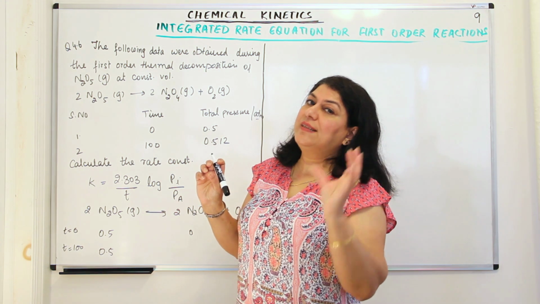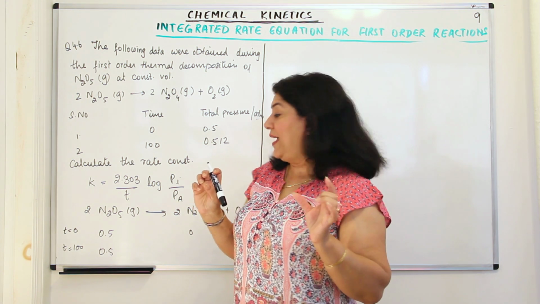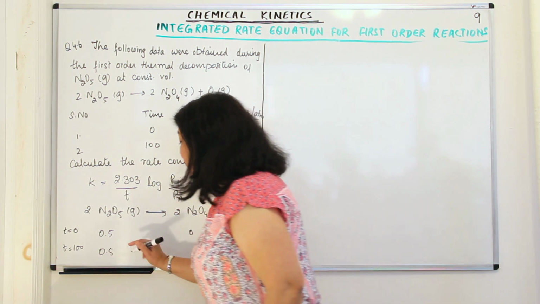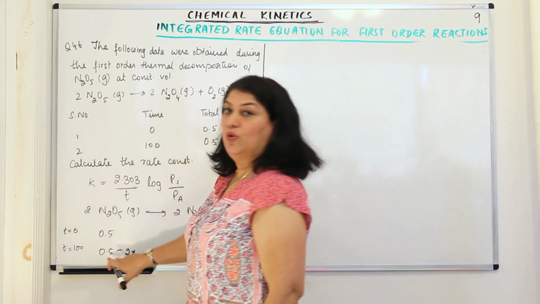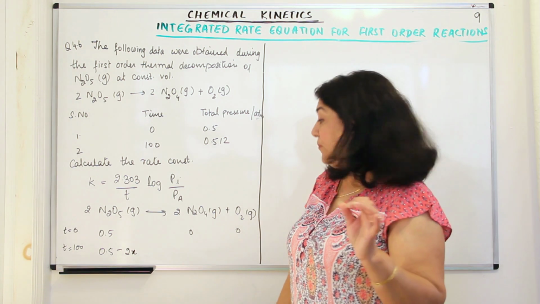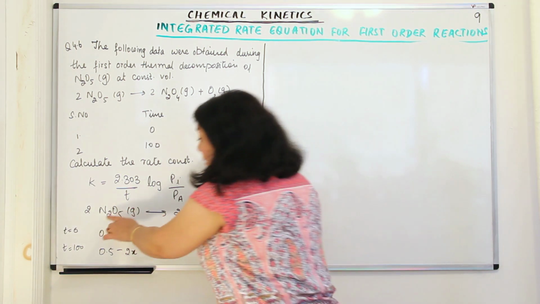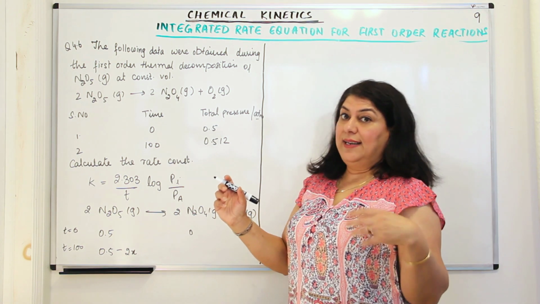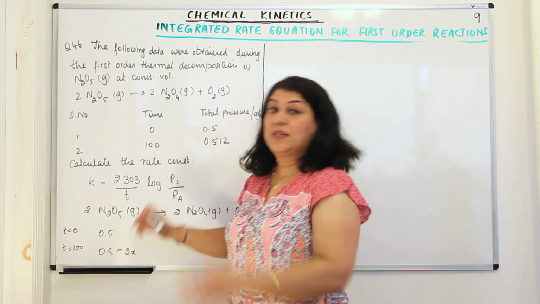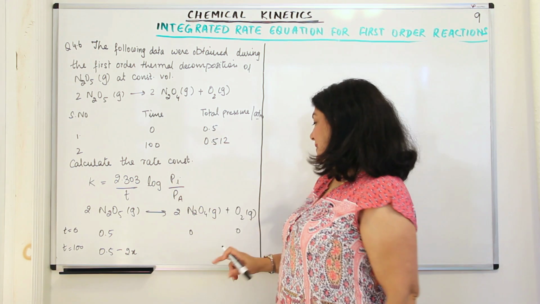and if the decrease in partial pressure we write in terms of x, it would be 0.5 minus 2x. Because this is 2 moles, we have to write the stoichiometric coefficient. You have to keep in mind that if out of 1 mole the partial pressure that decreases is x, then out of 2 moles it would be twice x.